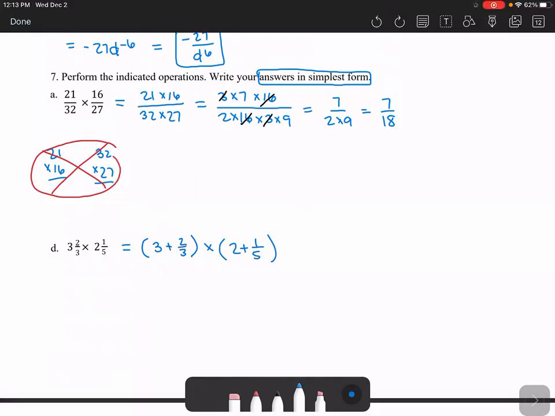If you like to think of it as foiling, you can think of it as foiling, but we're going to need to distribute this because we're really going to look at 3 times 2 and 3 times 1/5. And then we're going to look at 2/3 times 2 and 2/3 times 1/5.